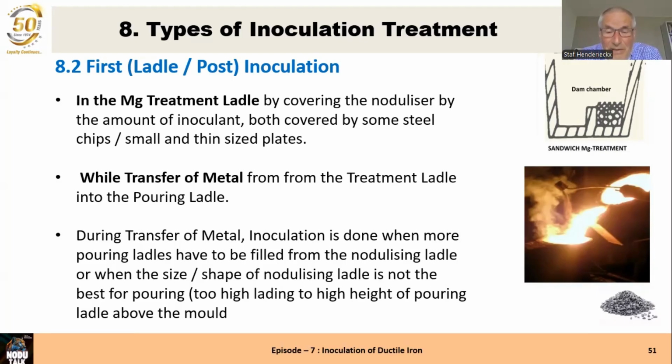So it can be that when tapping from the nodulizing ladle into a small ladle, you have to add some inoculant to make sure that the inoculation is done properly. Pay attention here again, the size is very important, and please use the experience of your people and check to see if everything is okay.